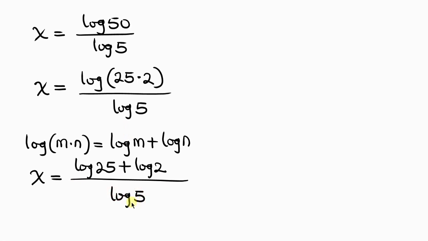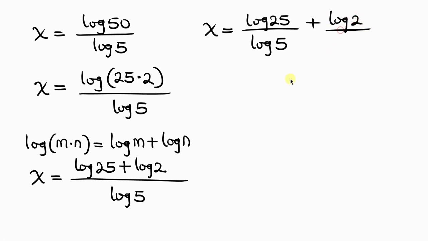Now our next step will be for us to separate the fraction. So we have x to be equal to log 25 all over the denominator, which is log 5, plus log 2 all over the denominator, log 5.